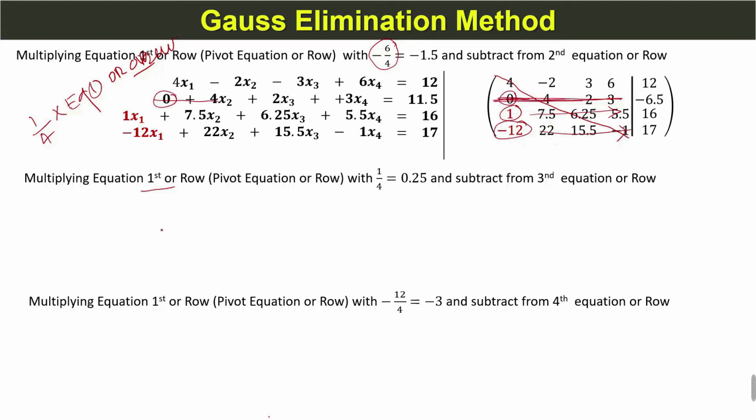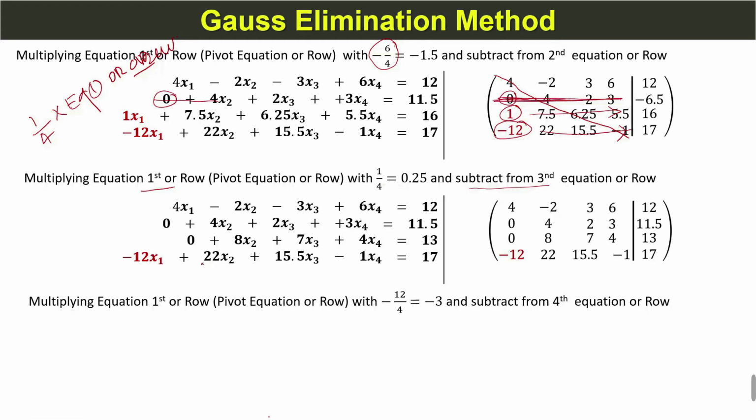So with 1 by 4, that is 2.5, we subtract from the third equation or row. After subtracting we get this one, and the term including the variable x1 is eliminated. Here we can also see that the element below the diagonal element 4 is 0.